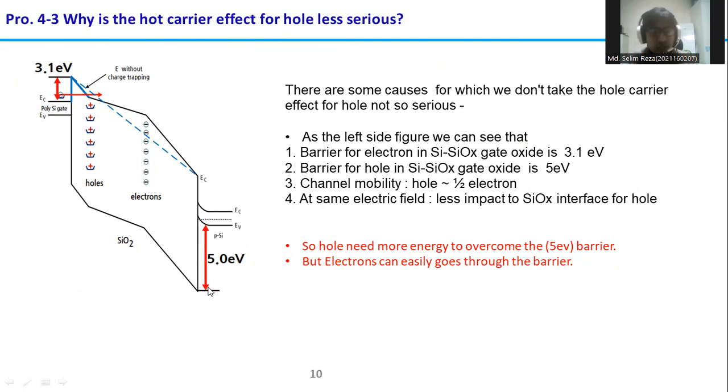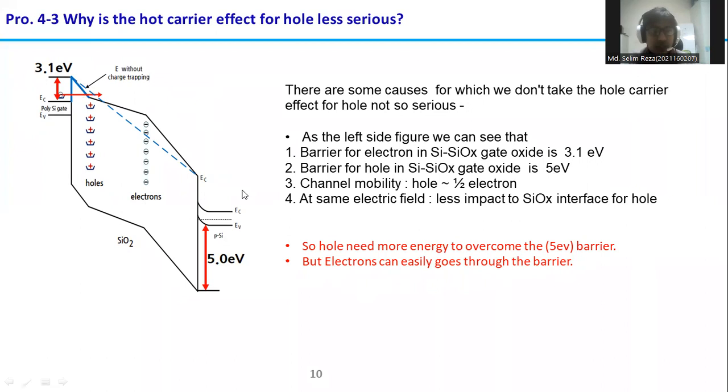So the hole needs more energy to overcome this barrier. For the electron it is less energy, so the electron will be more energized and will go through this way. So we always need to think about the electron more than the hole.